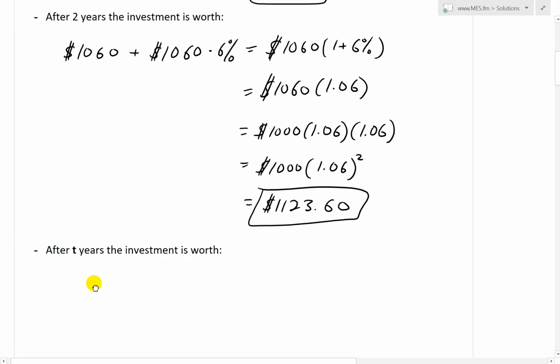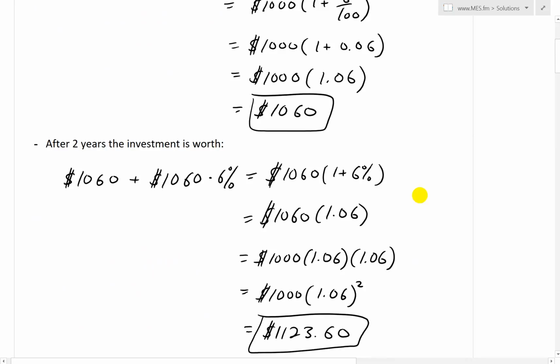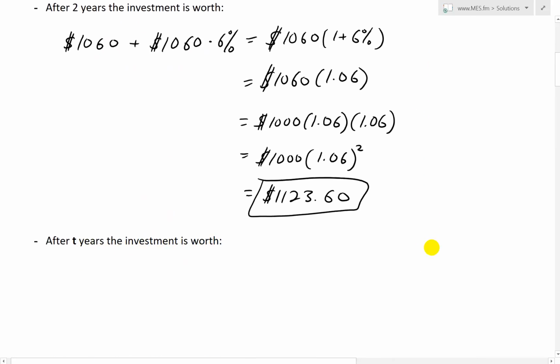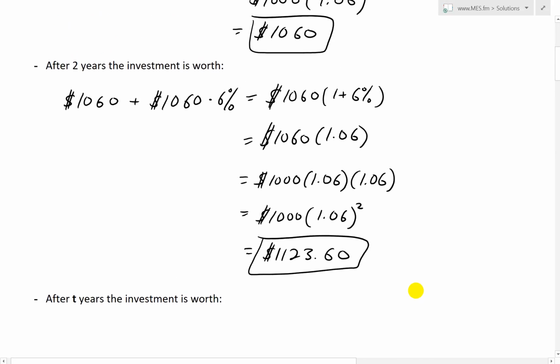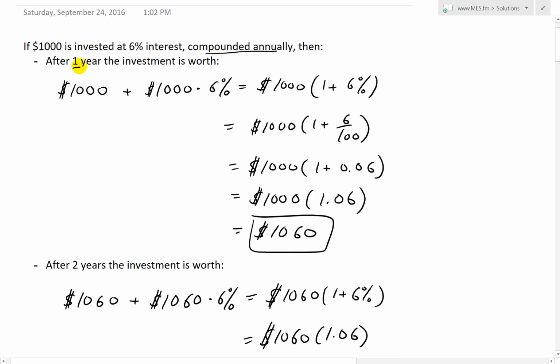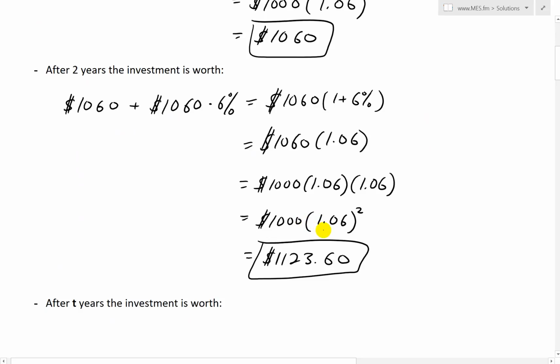So as you can see, the pattern that's arising is this: if we were looking at the investment's worth after T years, well, that's just any number of years. For the first one, after 1 year, we have 1,000 times 1.06. You could also write it to the power of 1. Then here, after 2 years, we have 1,000 times 1.06 to the power of 2.